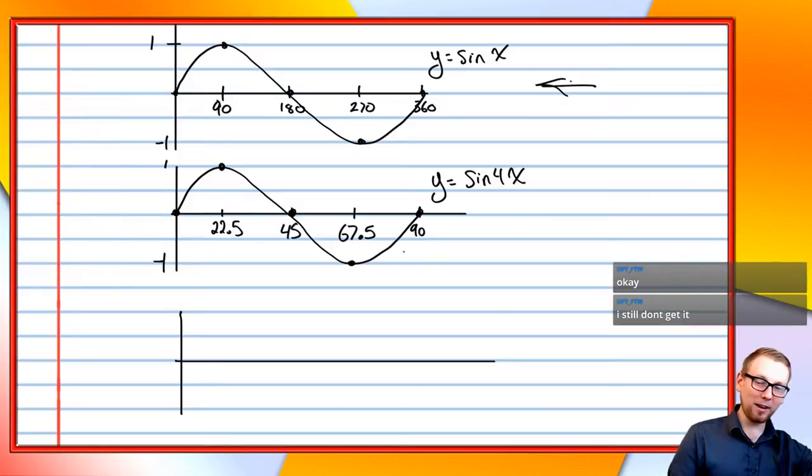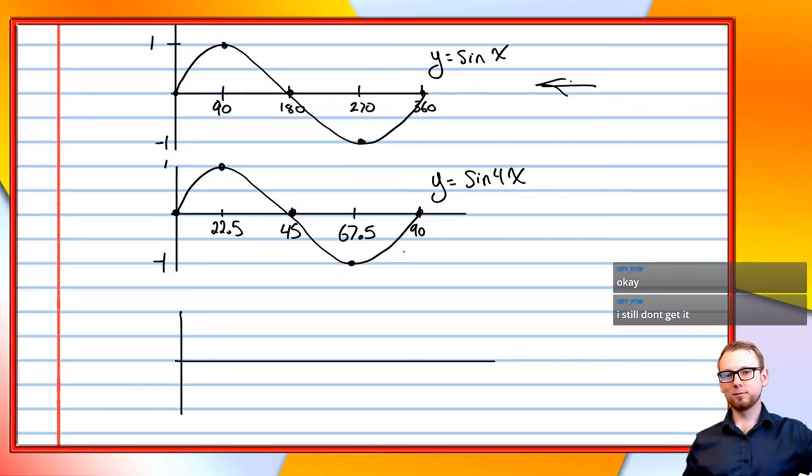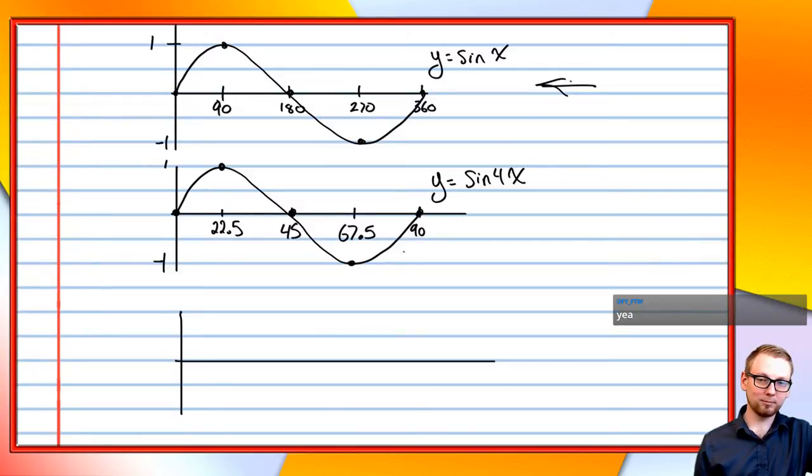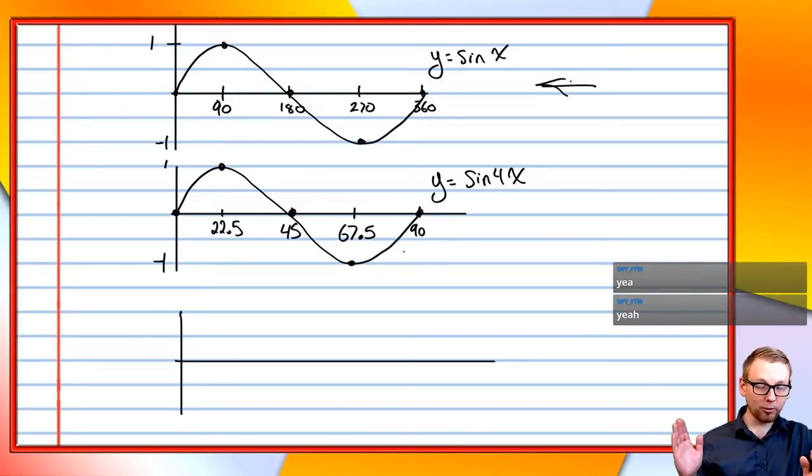Okay, you have 360 degrees as your regular. The regular graph period is 360 degrees. The new period is 90 degrees. What you did was took the full 360 and just divided by 4. Correct?